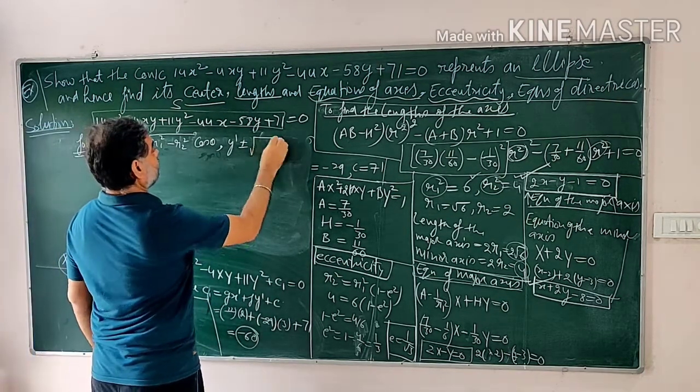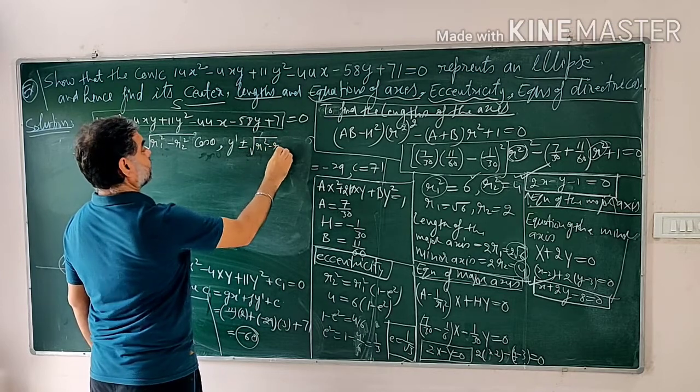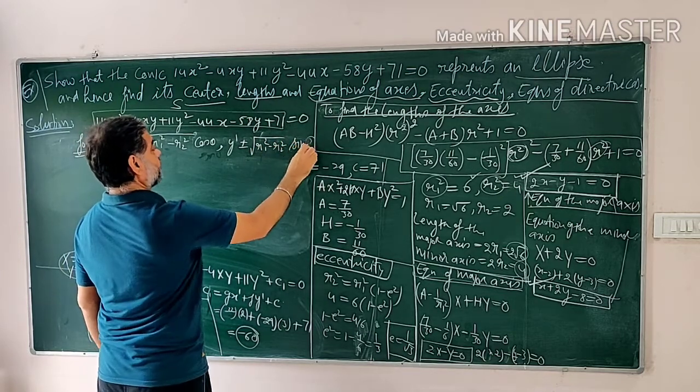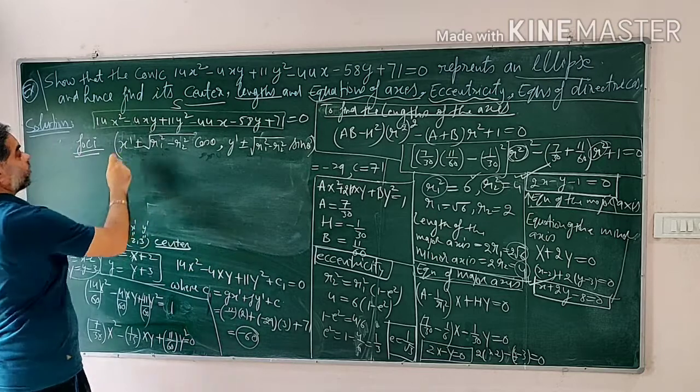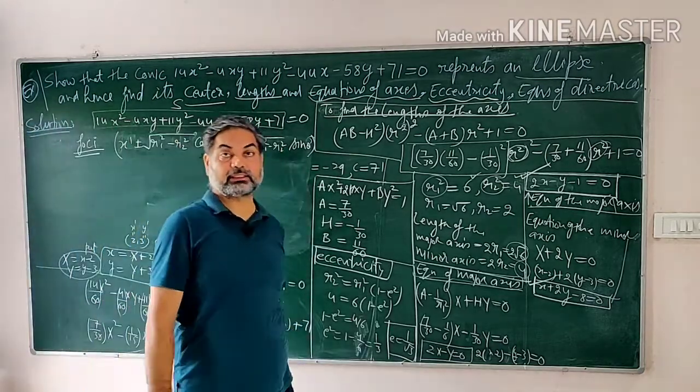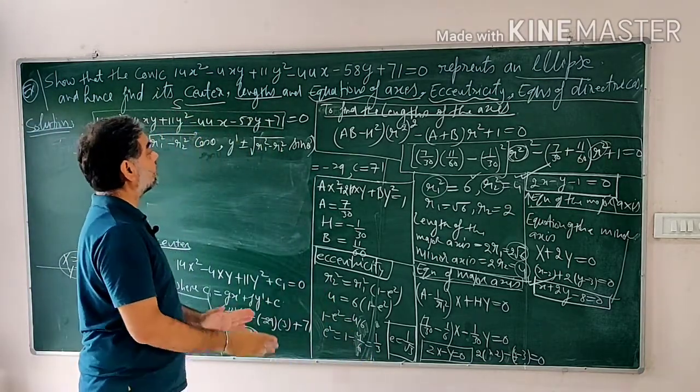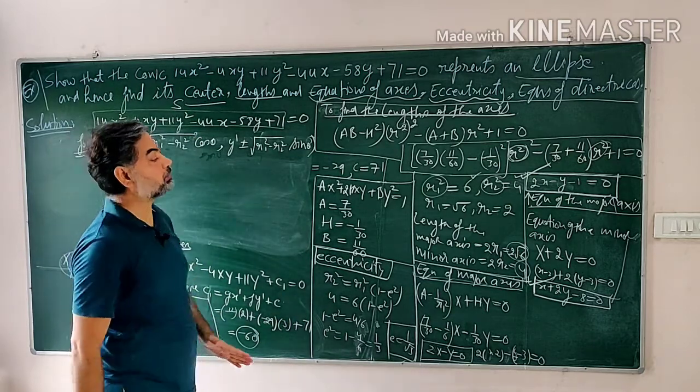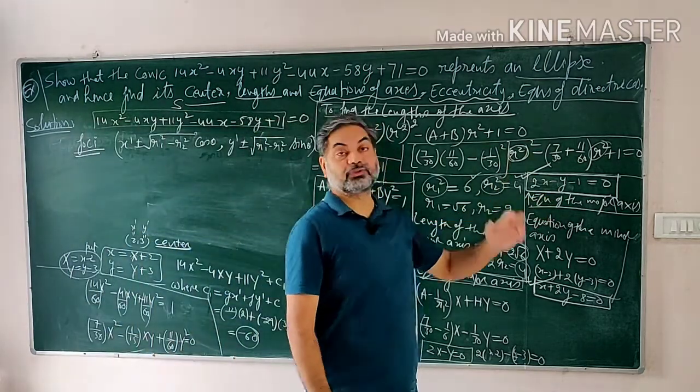What are cos theta and sin theta? Theta is the angle which the major axis makes with the x axis.